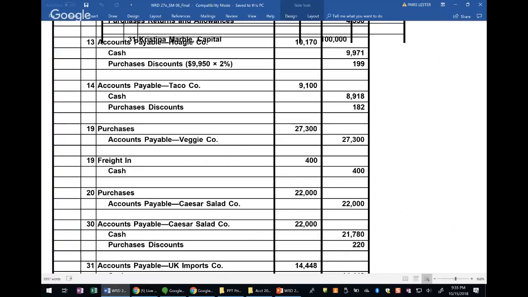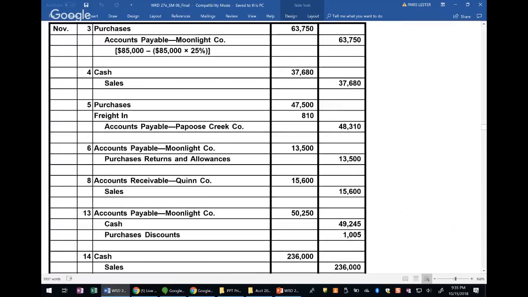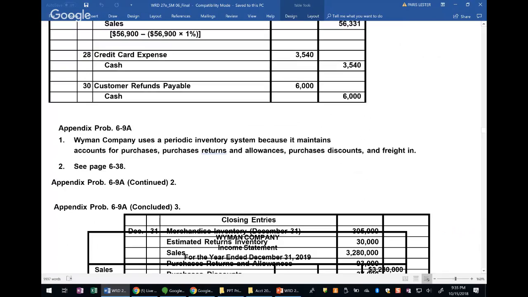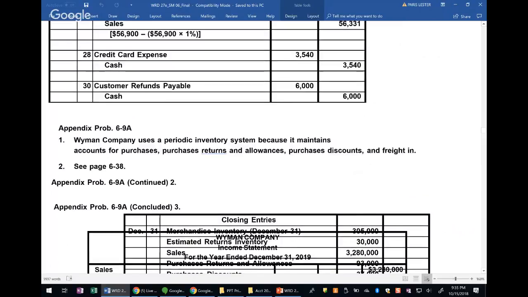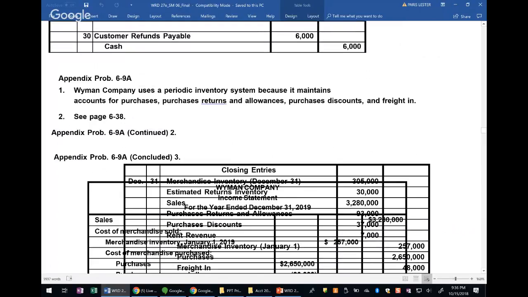Finances, then I'll go to Exercise 637. Let's see.